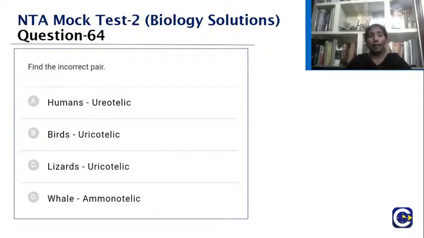Find the incorrect pair. Humans are ureotelic, birds are uricotelic, lizards are uricotelic, whale is ammonotelic. So you are going to find the incorrect pair. The first thing you are expected to know is that humans are ureotelic, as we excrete urea.